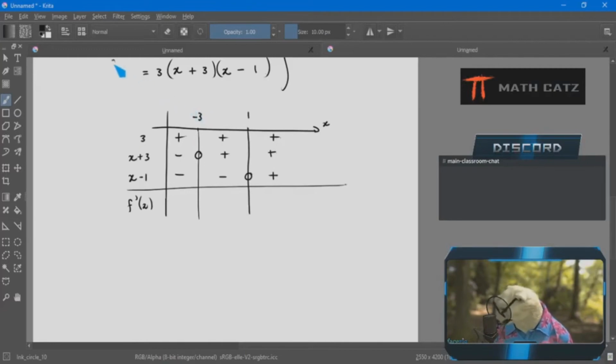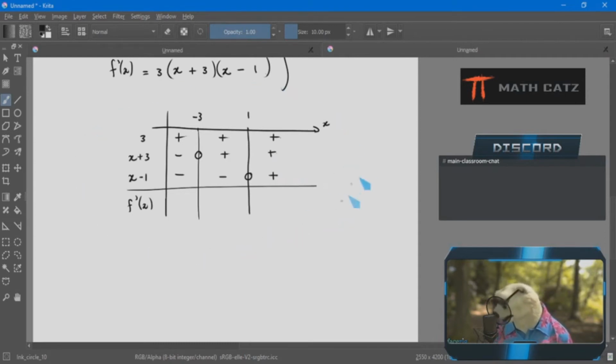Okay, so let's remember this is the derivative. This table is now set up to say where the derivative is positive or negative, because that's exactly what I need to be able to say something about increasing, decreasing behavior.